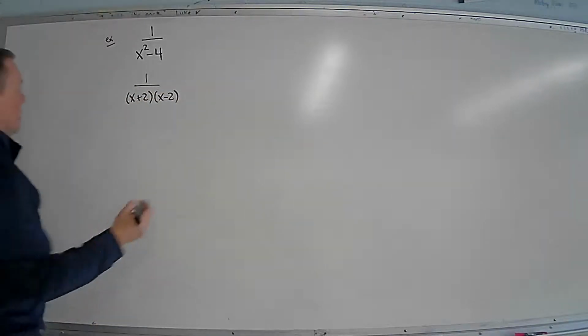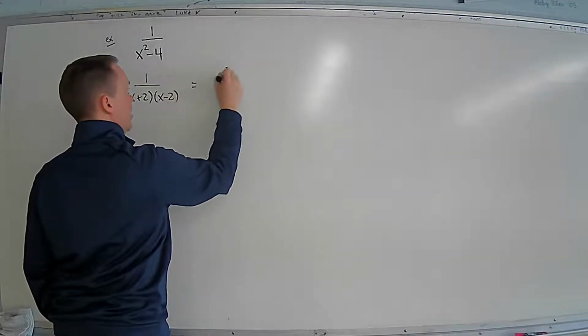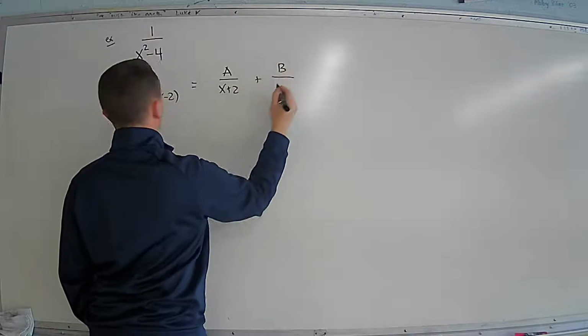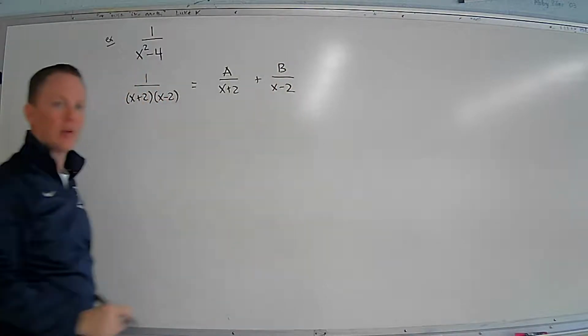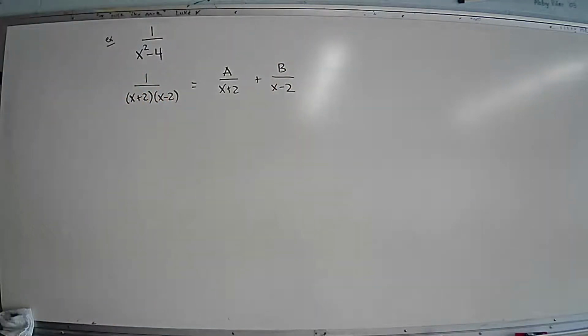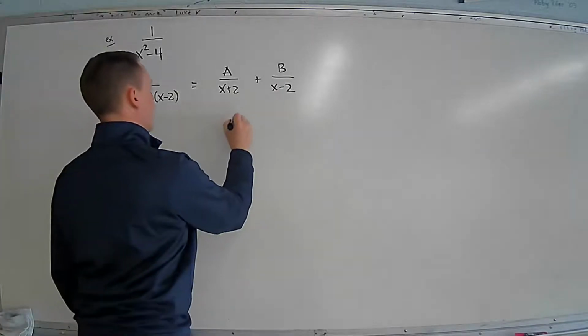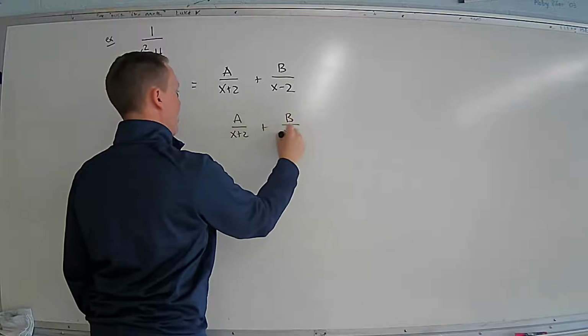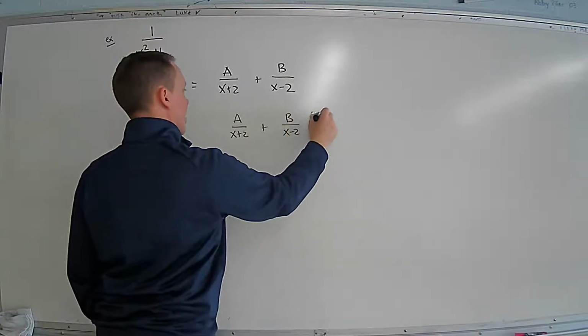Okay, and then I'm going to say, well, that's going to equal something over x plus 2 plus something else over x minus 2. Okay, and then when I add these fractions together, this guy needs x plus 2.